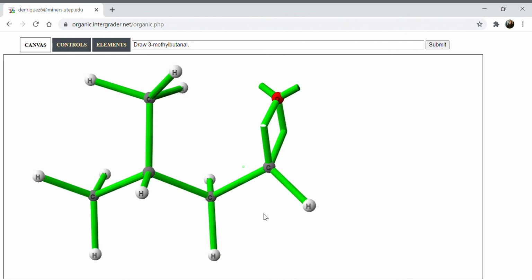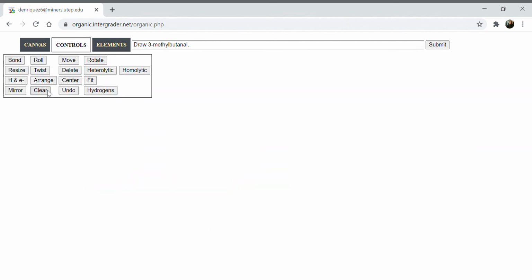I think this is the last question, so I'm actually going to show you a different one that kind of threw me. Let's see if I can erase this. One that got me one time was acetaldehyde.